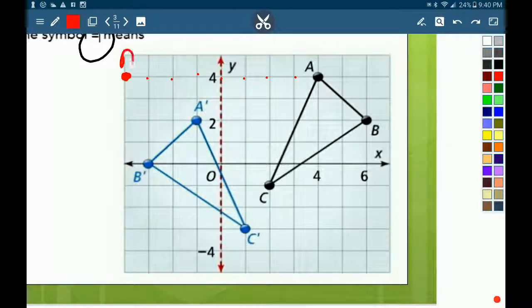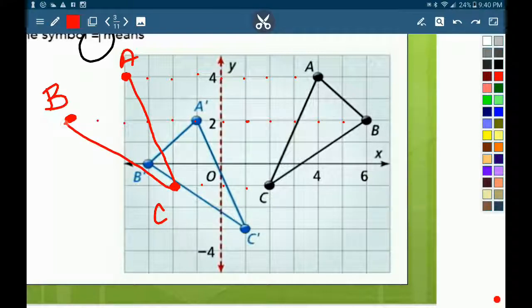So there's A. B is 1, 2, 3, 4, 5, 6. So we have to count 1, 2, 3, 4. I've run out of graph here. It should be 5, 6 back over this way. And then C is 1, 2 spots away. So 1, 2. There's C. So that's the first movement.